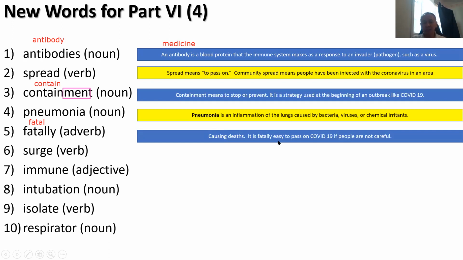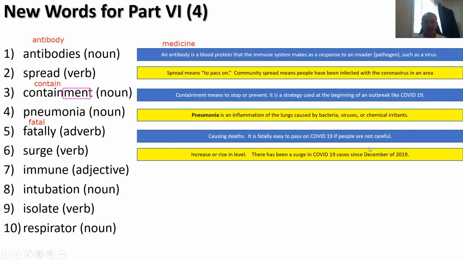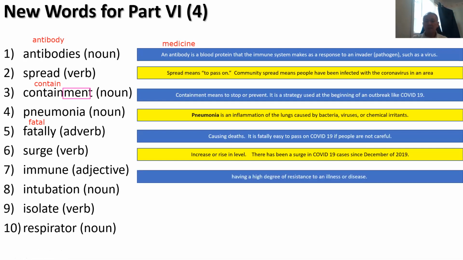Fatally is an adverb from the base word fatal, meaning causing death. It is fatally easy to pass on COVID-19 if people are not careful. Fatally. Surge. Surge means to increase or to rise in level. There has been a surge in COVID-19 cases since December of 2019. So whenever there is a surge, there is an increase. Immune. Immune means you have a resistance to an illness.